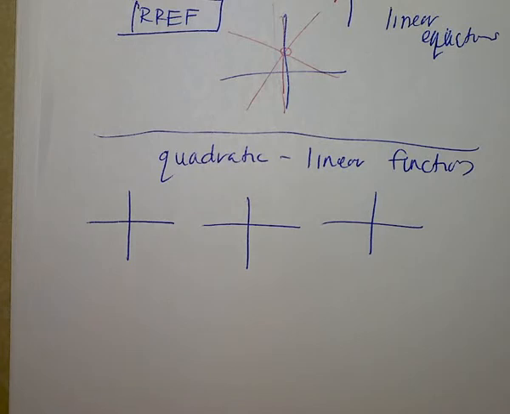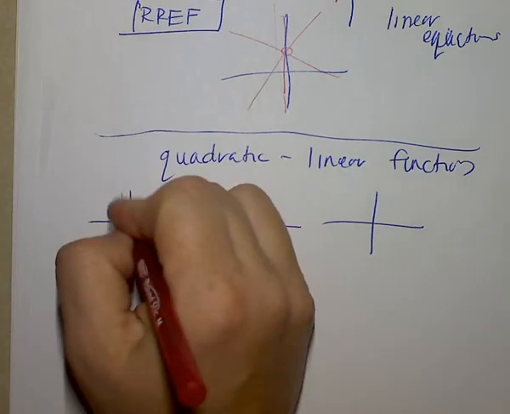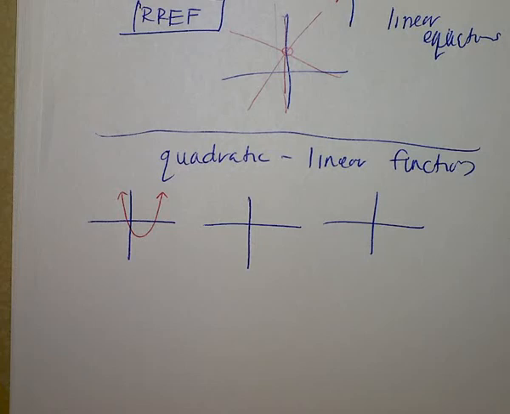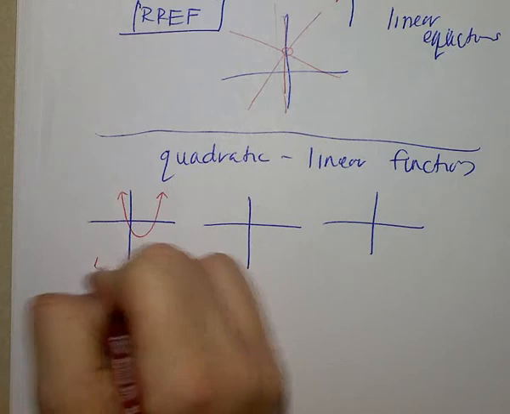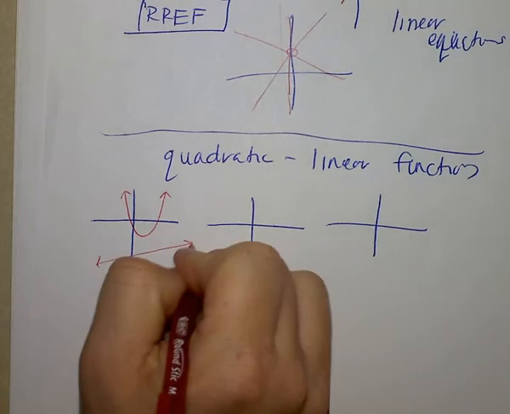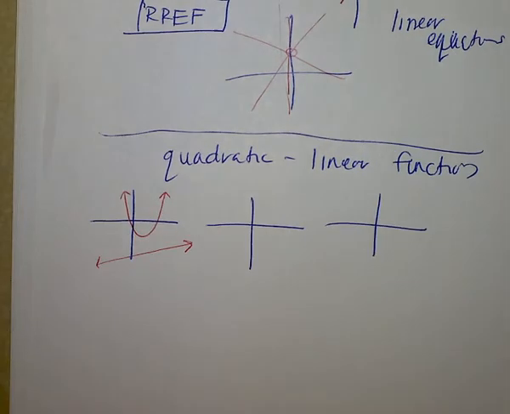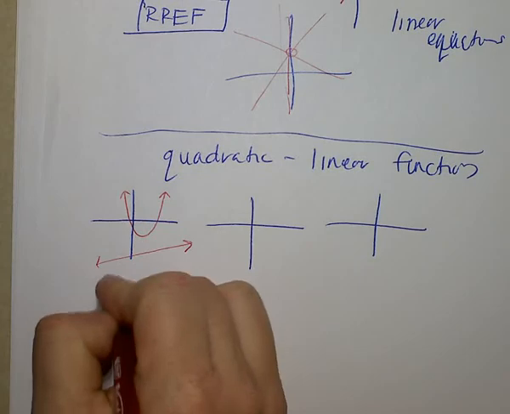So if this is a parabolic shape, here's a quadratic function, and I have a linear line representing a linear function, a straight line. How many times do they cross? So this has no solutions.